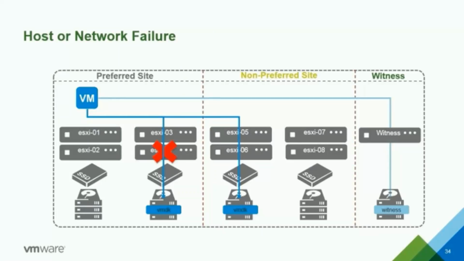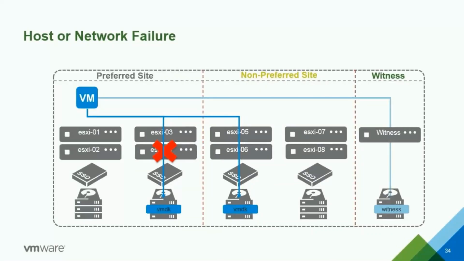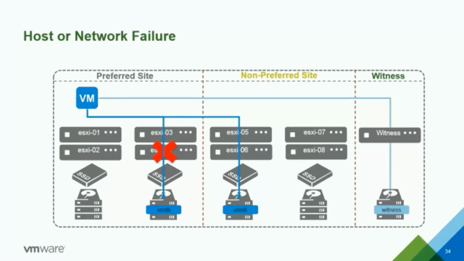What happens if we lose that host that the disk was running on for this VM at our preferred site? In the short term, from the VM standpoint, nothing really is going to change. The VM is going to continue running on that disk that is now located at the non-preferred site, even though the VM is still located at our preferred site.